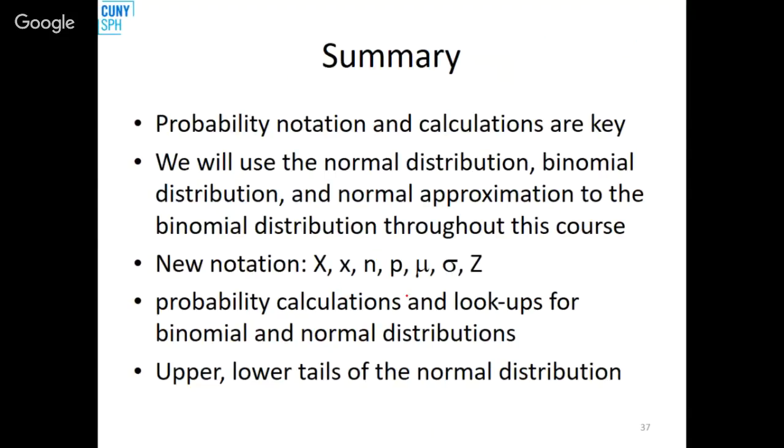All right, to wrap up, the probability notation that we've learned and the ability to make calculations of probability. These are key things that you've learned so far. You're going to use the normal distribution, the binomial distribution, normal approximation to the binomial distribution, and especially probability calculations throughout the rest of the course.